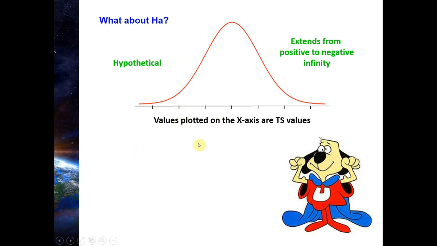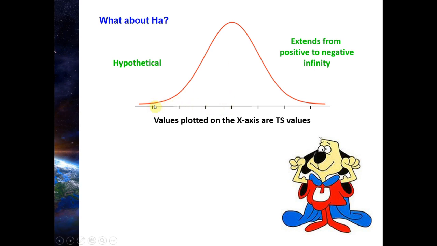Okay, so again, like HO, we're going to have values of the TS on the x-axis, and we can see that those values of the TS that fall in the middle of this distribution probably really truly do belong to HA. Probably. All right, they probably do belong here.